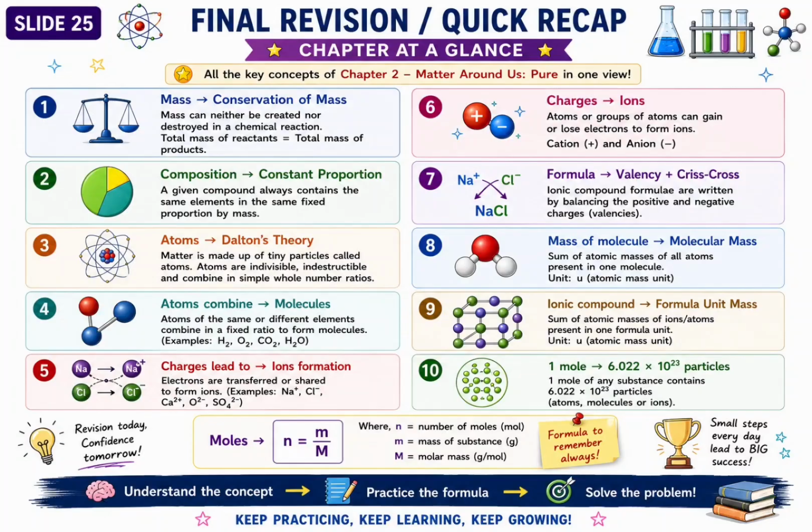Charges, ion. Charged atoms or groups are called ions. Valency, chemical formula. Valency helps us write formulas correctly. Molecule, molecular mass. Add the atomic masses of the atoms. Ionic compound, formula unit mass. Calculate the mass of the formula unit. And finally, 1 mole, 6.022 into 10 to the power 23 particles.